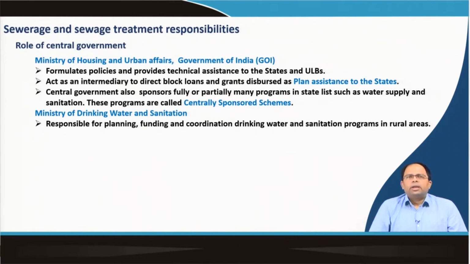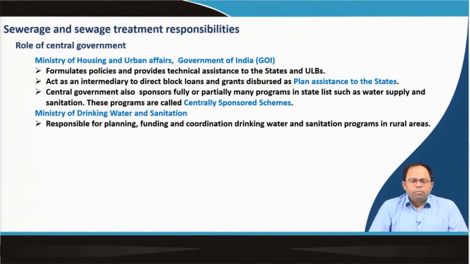So, next, talking about the role of the central government, as you know, the Ministry of Housing and Urban Affairs and the Ministry of Drinking Water and Sanitation are primarily responsible for sewerage and sewage treatment. While the Ministry of Drinking Water and Sanitation is primarily in charge of rural areas, Housing and Urban Affairs is in charge of urban areas.